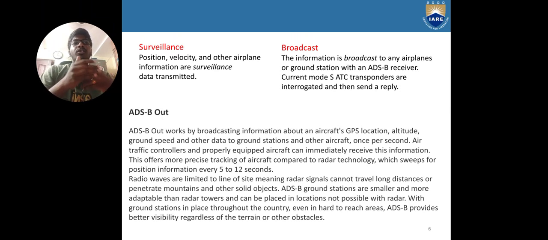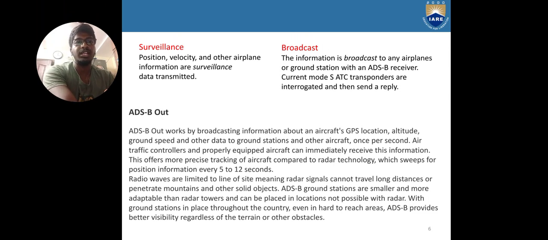This offers more precise tracking of aircraft compared to radar technology, which sweeps for position information every 5 to 12 seconds. Radio waves are limited to line of sight, meaning radar signals cannot travel longer distances or penetrate mountains or other solid objects. ADS-B ground systems are smaller and more adaptable than radar towers and can be placed in locations not possible with radar.